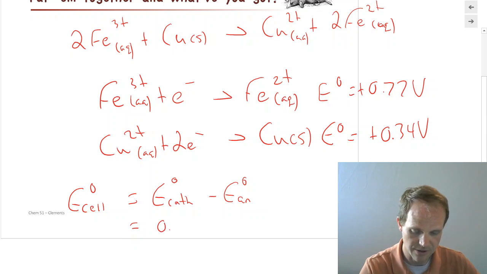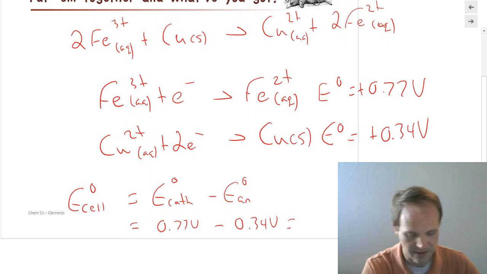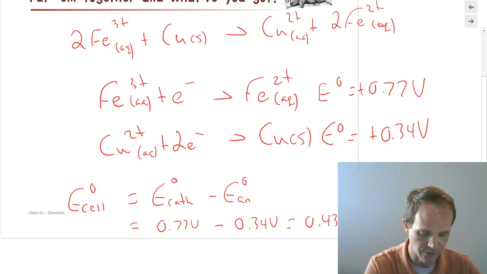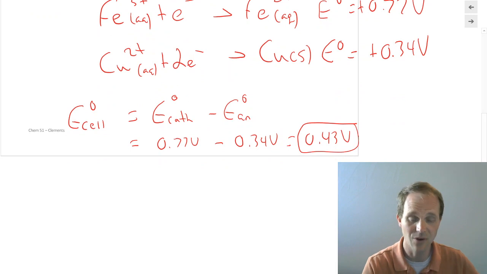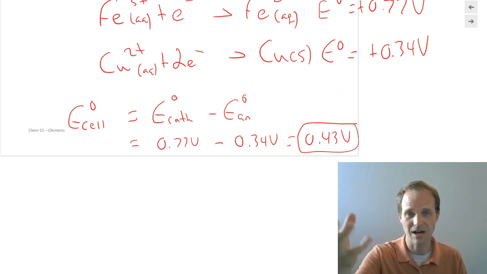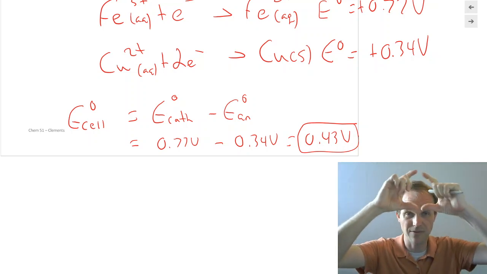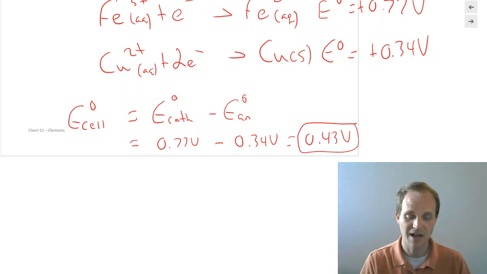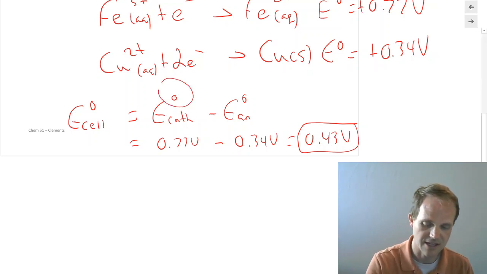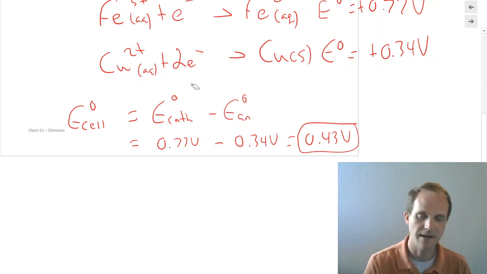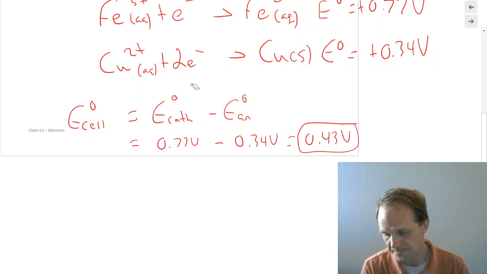That was our iron. 0.77 volts minus 0.34 volts. If I do that math, I get 0.43 volts, which means if I hook this cell up, I've got copper on one side, I've got iron on the other side, I put a wire across, put a voltmeter there to measure the voltage, I should get 0.43 volts if everything is at standard conditions. That's what I should get.